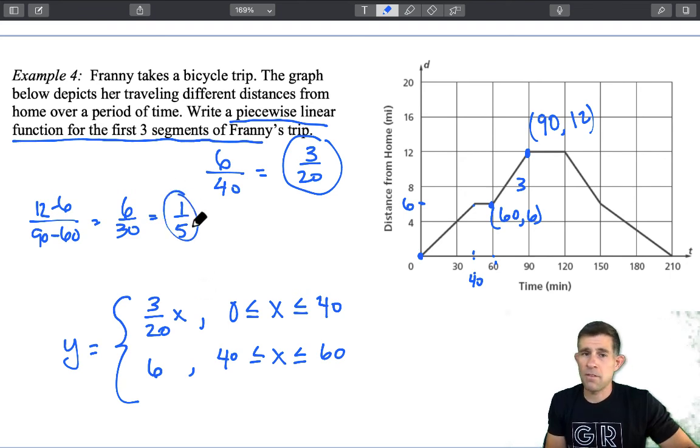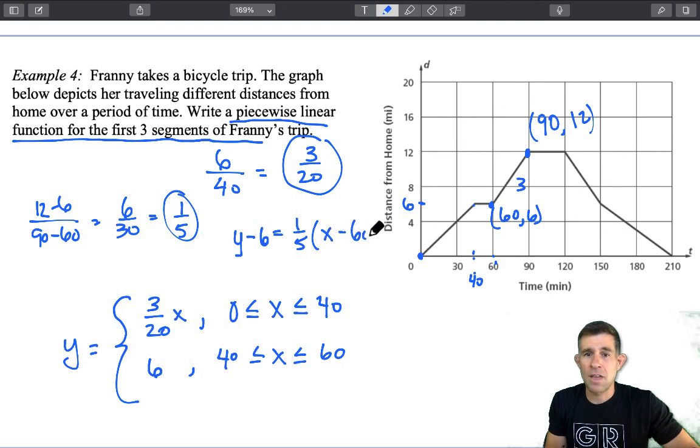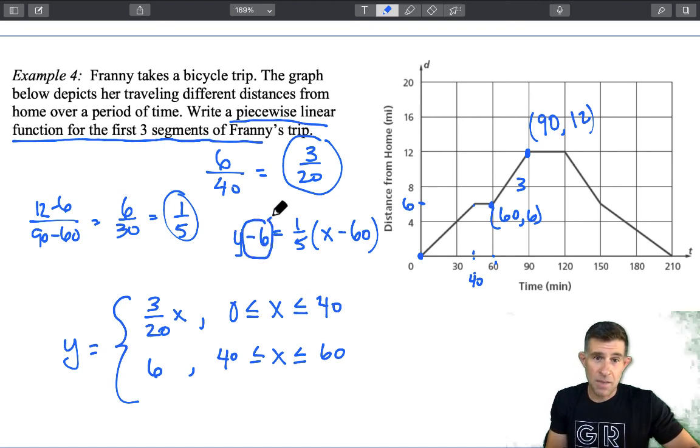All right, once we have our slope, we are now going to put it into point slope form by choosing either of these 2 points. So we have y minus y1 is equal to 1/5, my slope, times x minus x1. All right, now, since I don't have this solved for y just yet, I'm going to bump this 6 over to the other side so that I have it set equal to y.